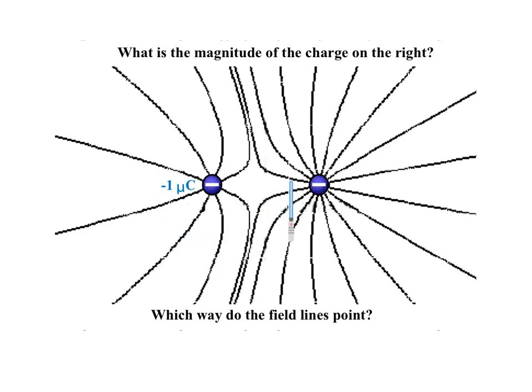Now I'm going to go to the other side and count 1 through 16. I see twice as many lines on the charge on the right as on the left, and so that tells me that this charge on the right has a value of -2 microcoulombs.